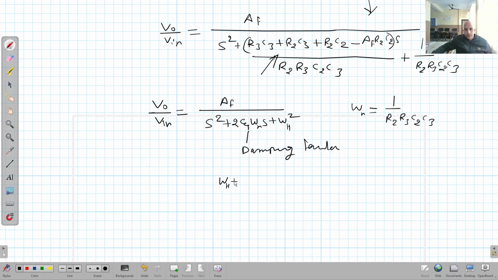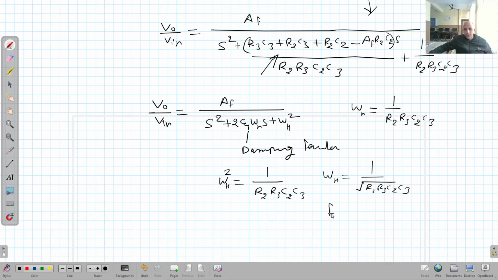omega h is equal to, omega h square, basically it is equal to 1 upon R2 R3 C2 C3, clear. So omega h is equal to 1 upon under root R2 R3 C2 C3, clear.